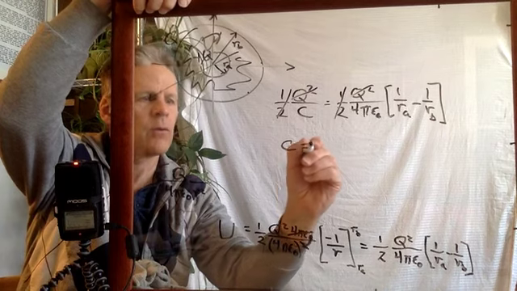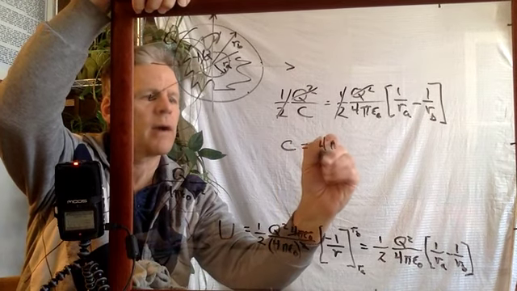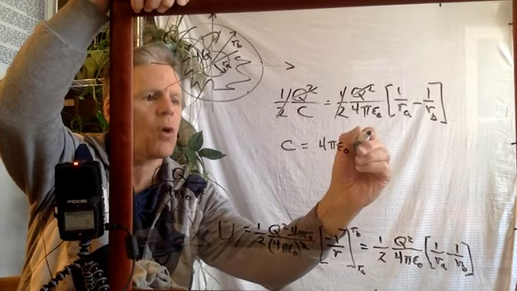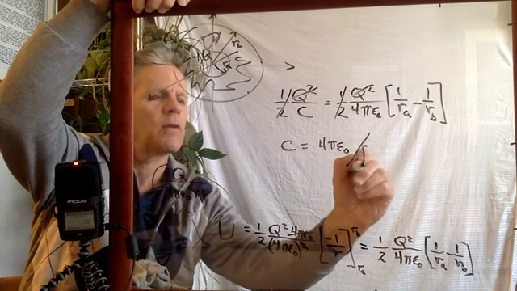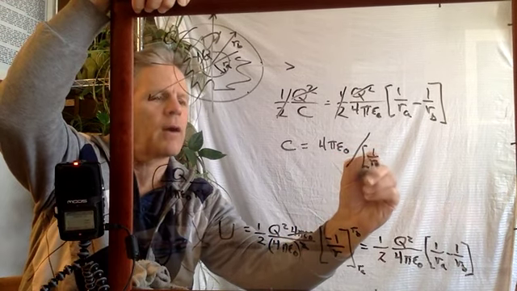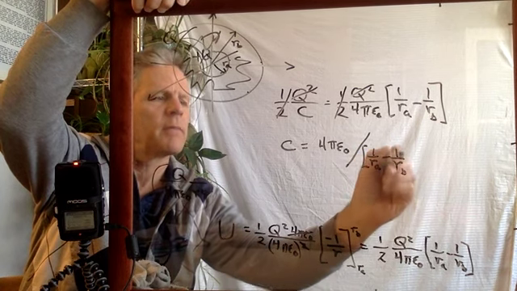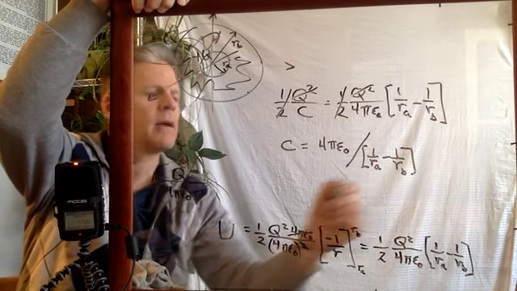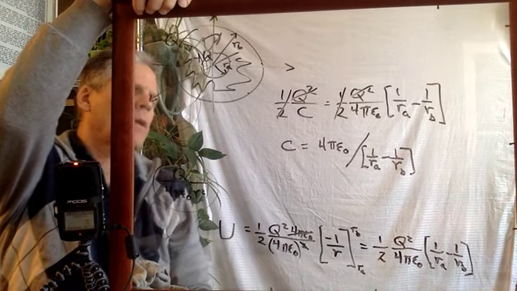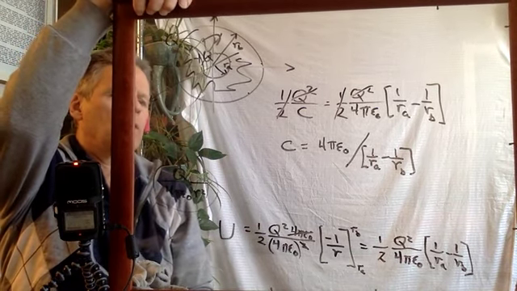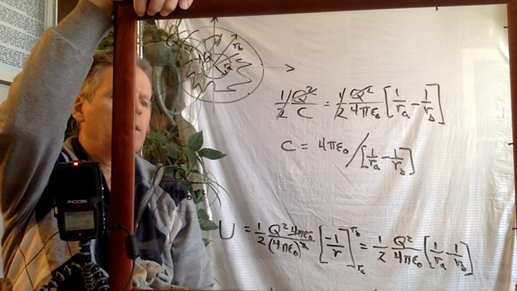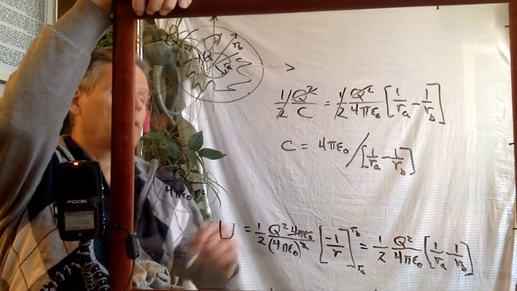C equals 4 pi epsilon 0 over the quantity 1 over RA minus 1 over RB. Okay, so we're done.